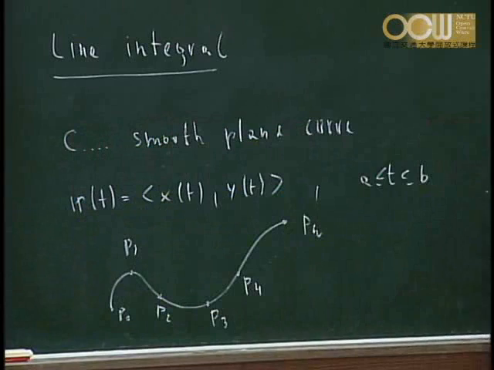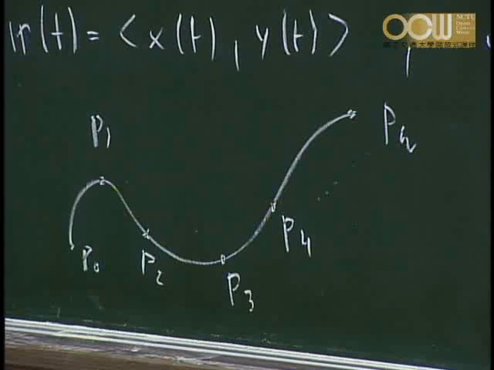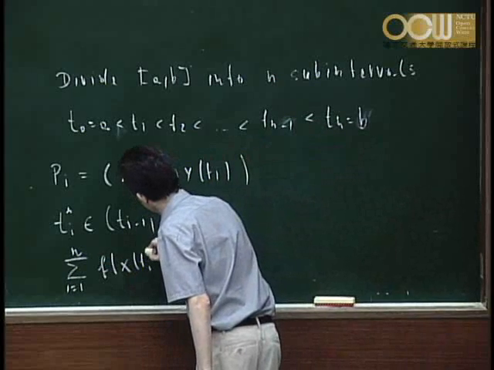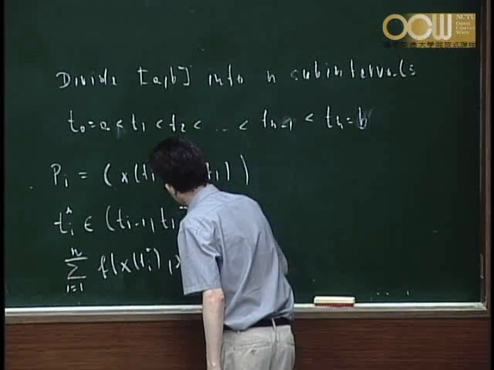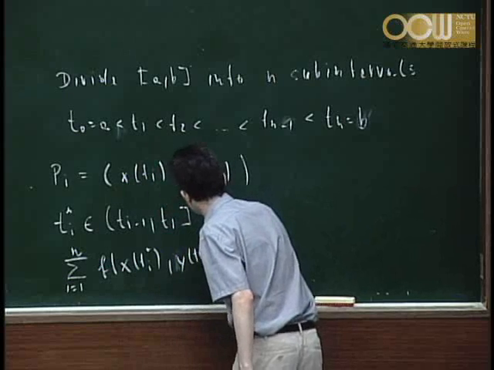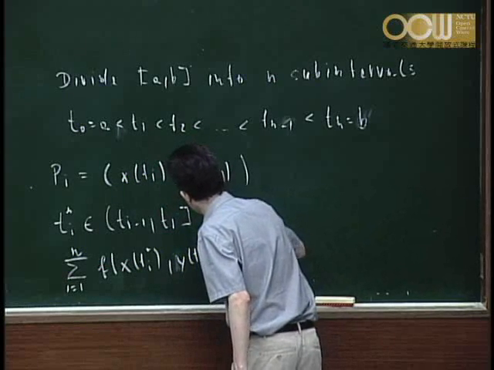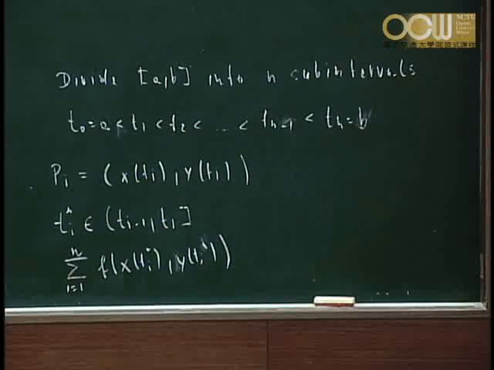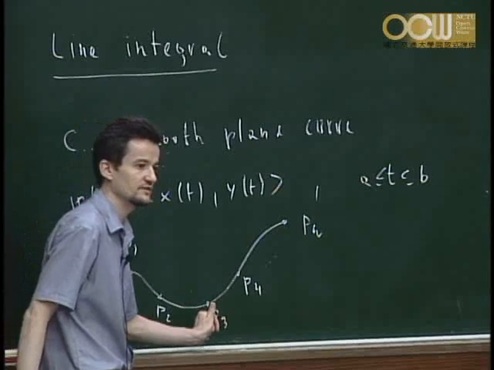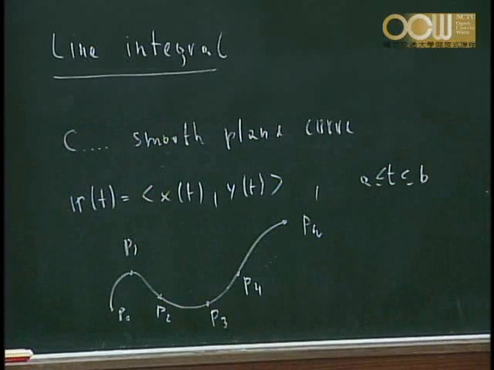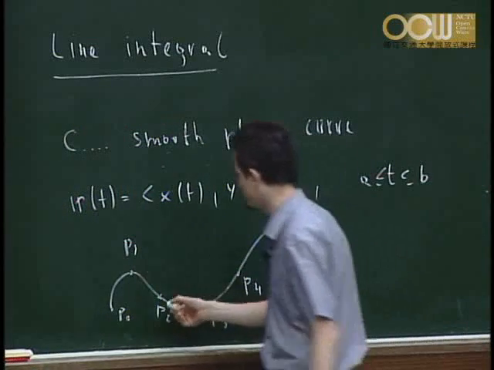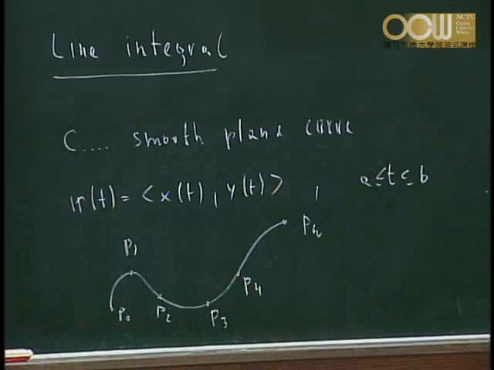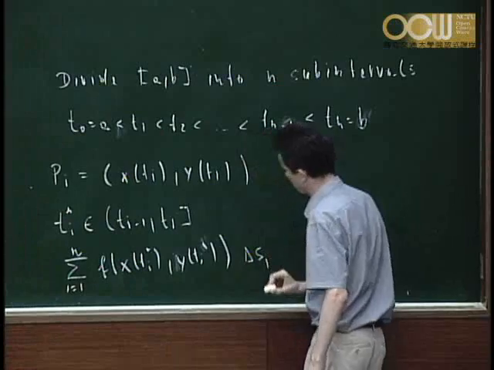And what we want to do is evaluate the function on the curve at the sample point. So if you, for instance, look at this part here, then you choose a point in between and you evaluate the function at this point, and you multiply this with the arc length of this part here. Okay, so multiply it with the arc length of S_i.